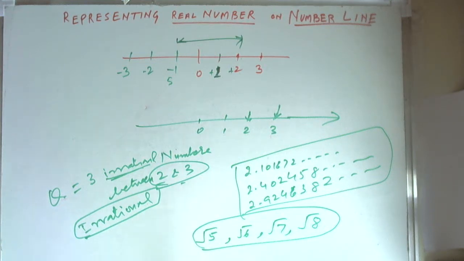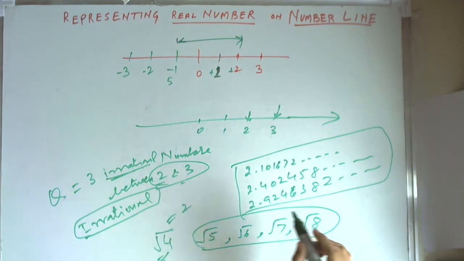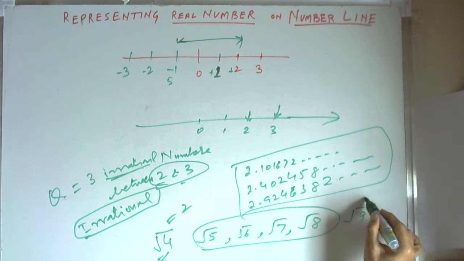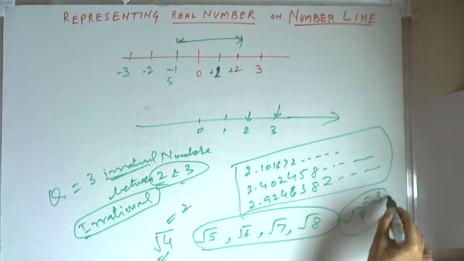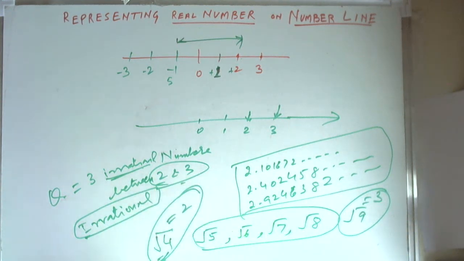So we can choose any three from this list of 4 to answer this question, because we know that square root of 4 is equal to 2 and square root of 9 is equal to 3. These are not between 2 and 3, but square root of 5, 6, 7 and 8 are between 2 and 3.